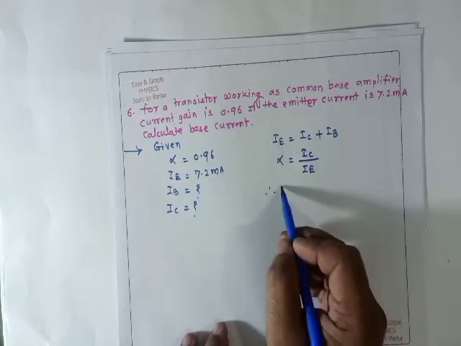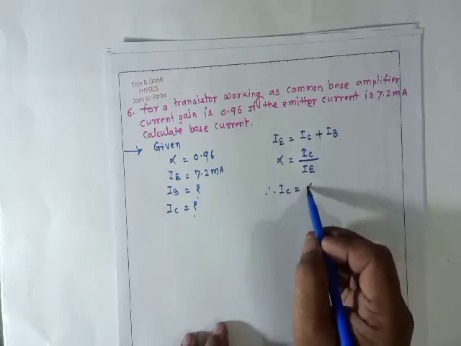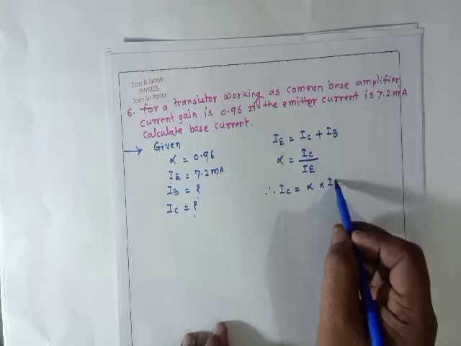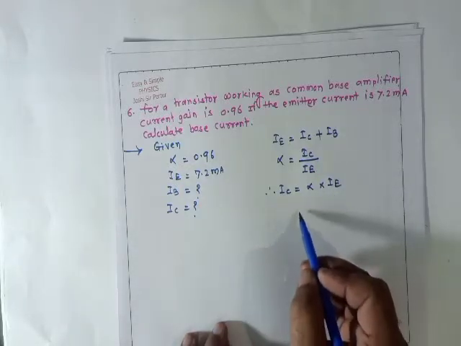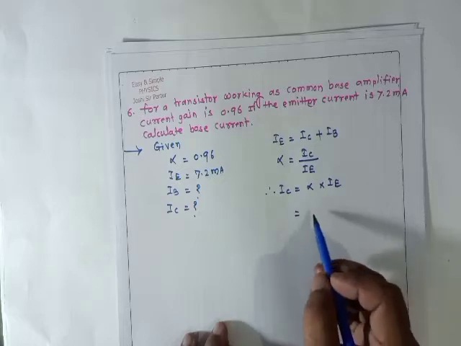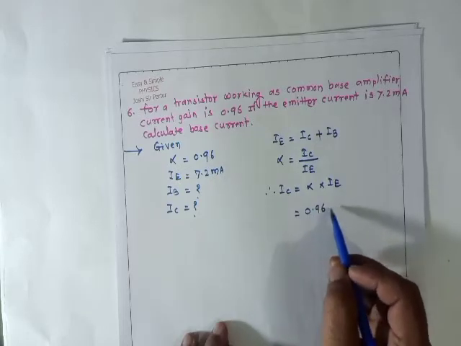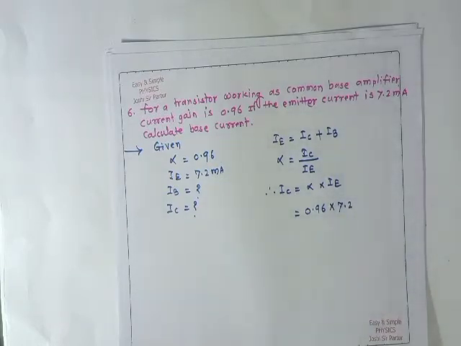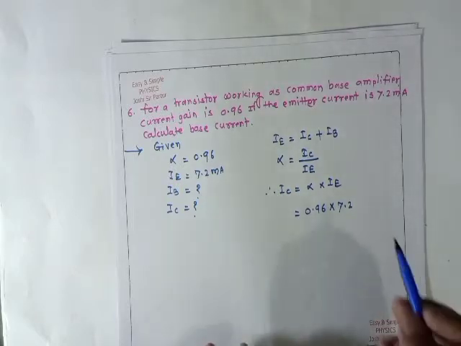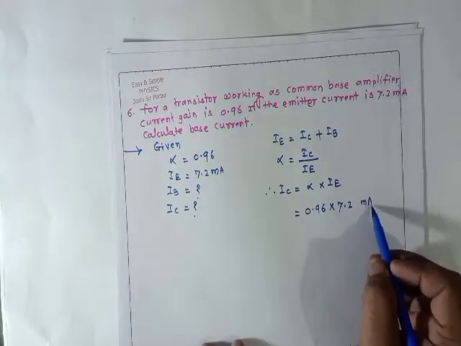So therefore IC is equal to alpha multiplied by current in emitter. So if we substitute, 0.96 multiplied by 7.2, this 7.2 is in milliampere.